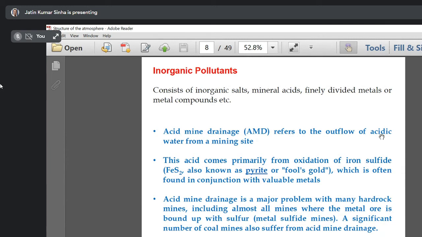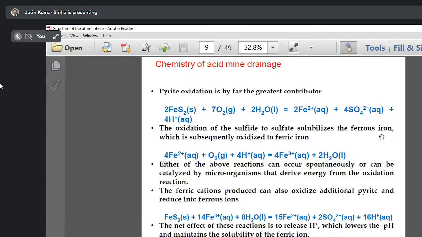This is a major problem for mining sites, and since sulfides are very common in ores, iron sulfide is a very common compound found in different mines. So, what are the basic reactions and how is the acid released to the water system? This slide is describing that.